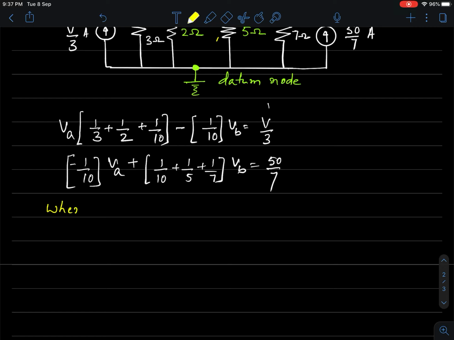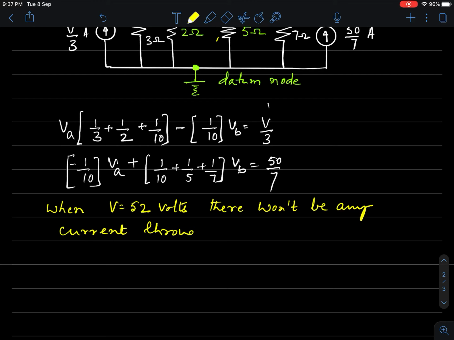When V equals 52 volts, there won't be any current through the 10 ohm resistance. This is how the problem ends.